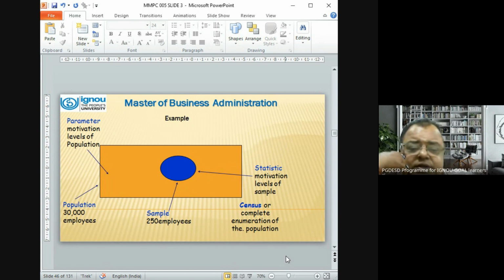Your sample size is 250 employees taken randomly. Statistic, the concept is what? Motivation level of the sample. Census, or complete enumeration of the population, is what we are talking about.